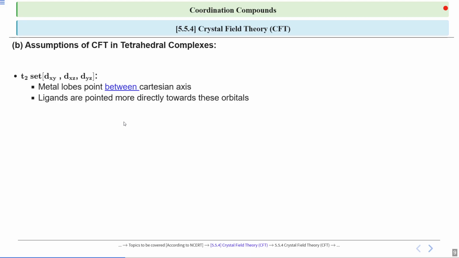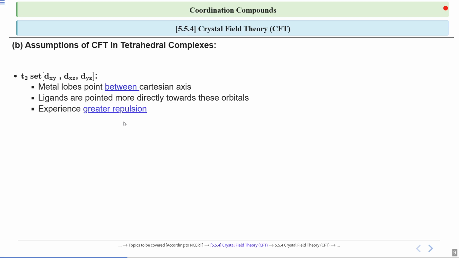So the direction is going to be similar. The metal lobe direction is between the Cartesian axis and the ligands are also directed towards these metal lobe orbitals. So the direction of both ligands and the metal d orbital lobes is going to be similar, or along the same axis.